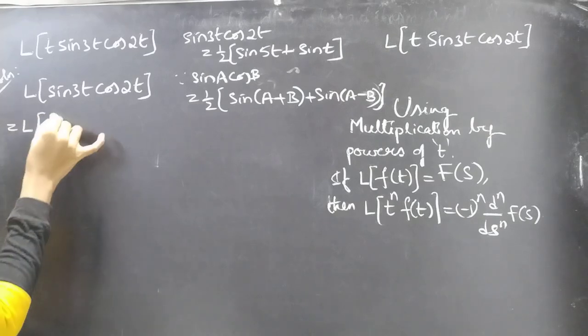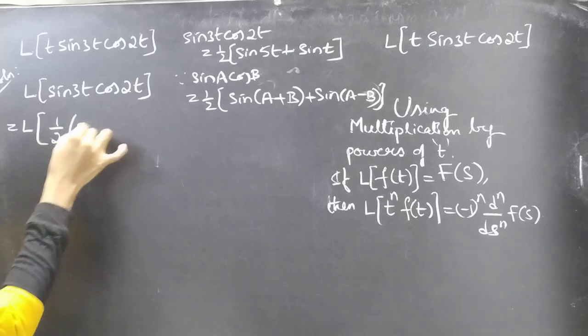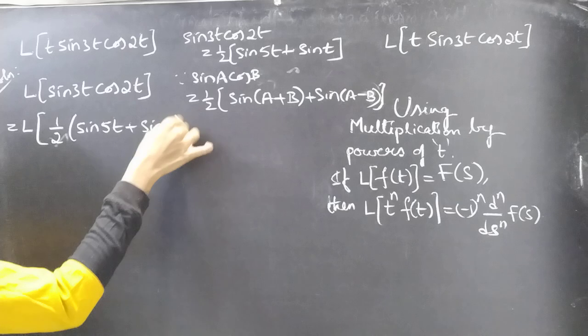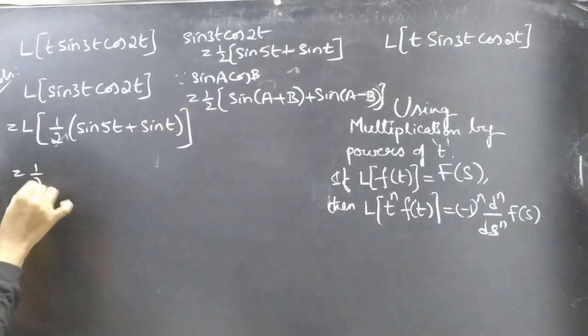Now this becomes L of 1 by 2 into sin 5t plus sin t. We can write this as 1 by 2 into, just apply the linearity property.